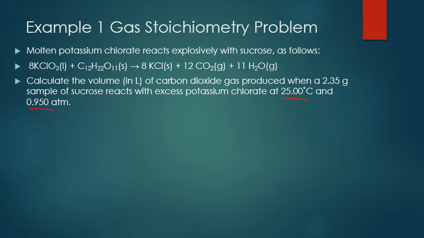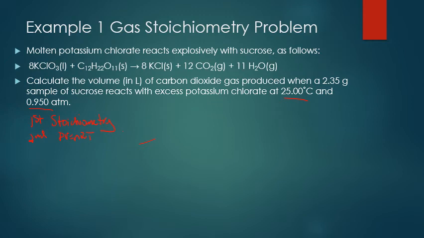So in this case, because I'm looking for volume, I do not have moles of CO2, but I do have temperature and pressure. So I'm going to have to start first by using the normal stoichiometry, and then second use PV equals nRT.